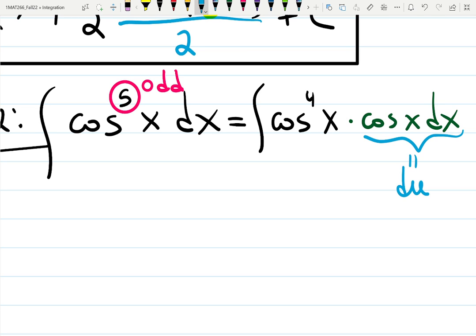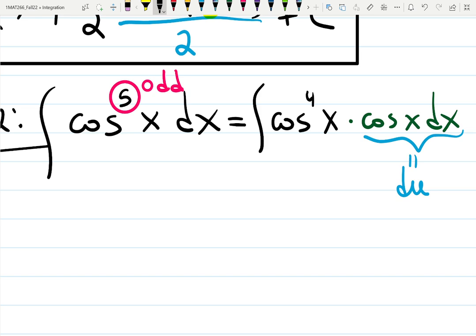If du is in front of me, then from there I know what u should be. If cosine x dx is du, what should u be? Sine. And that's what we're going to do. But I don't see sine. So how to make sine out of cosine to the 4?